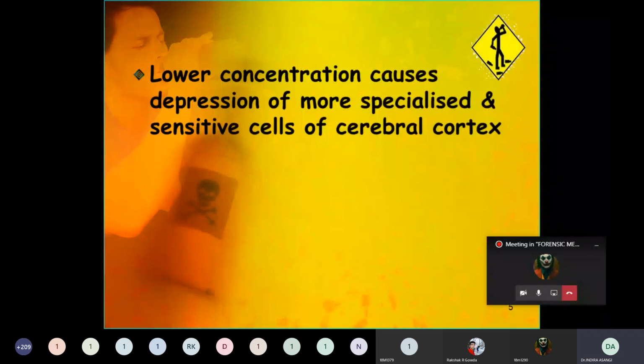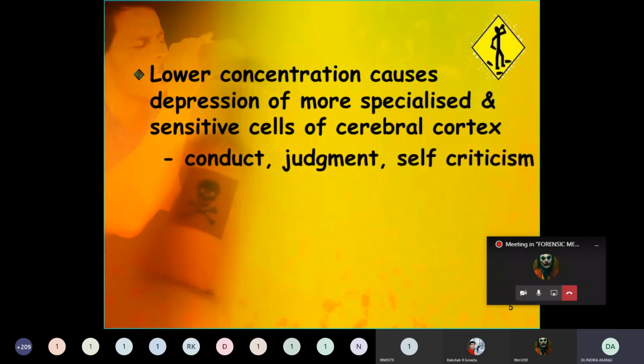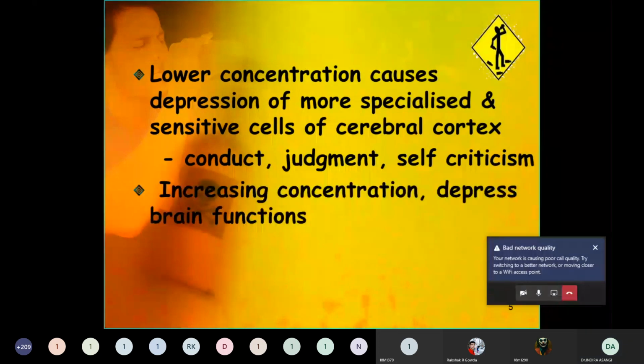Okay, fine. Next, the lower concentration, as already told, causes depression of the more specialized sensitive cells of our cerebral cortex, which would lead to impairment in conduct, judgment, and self-criticism.